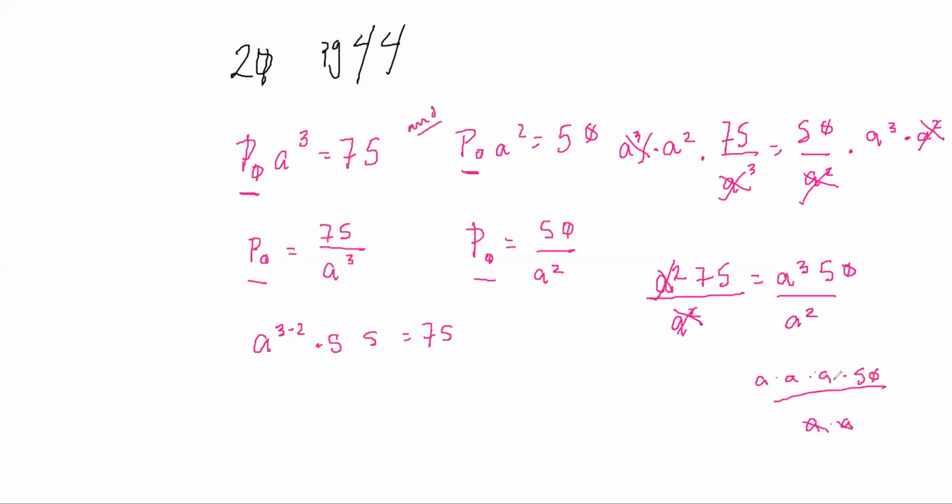So you get rid of 2 a's here, 2 a's on top, and we end up with a times 50 is equal to 75.